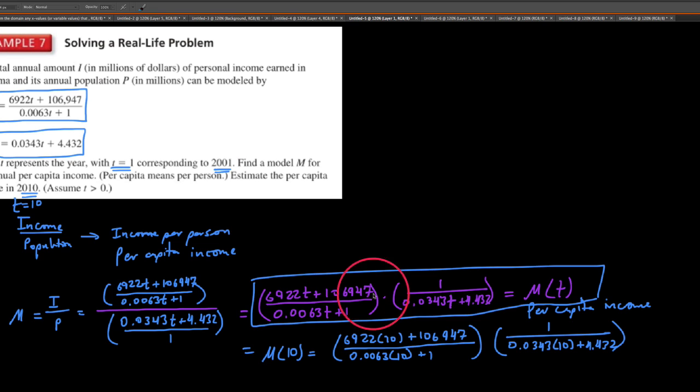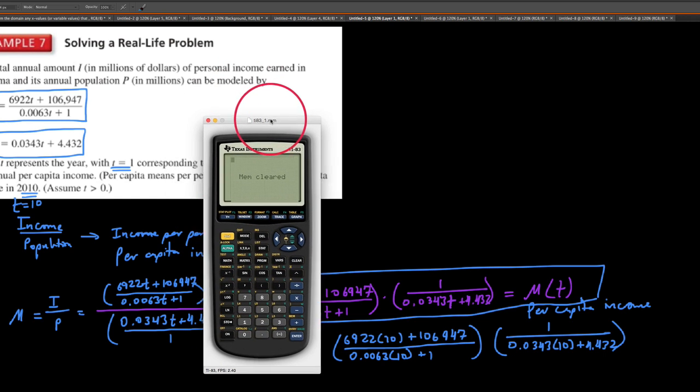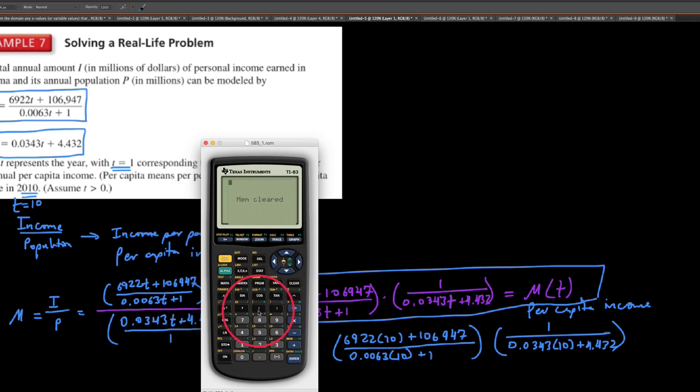All we need for this is a calculator. So we're going to go ahead and type this expression in, being careful how we type it. I'm going to take everything on the left first. We say in parentheses, and then another parenthesis to quantify everything on the top, 6922 times 10 plus 106,947.